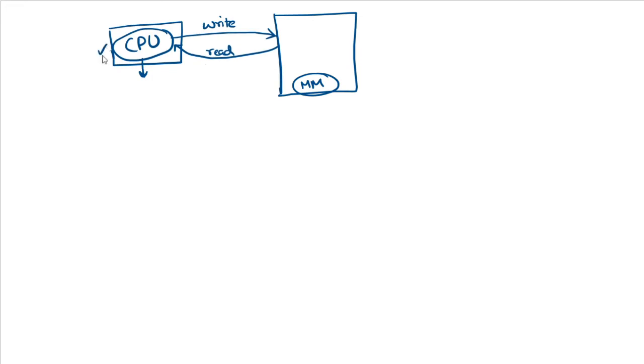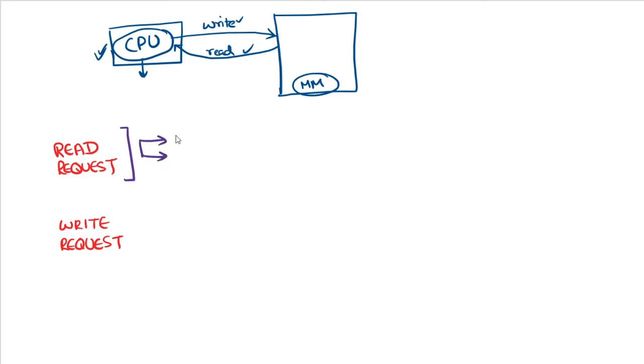So whenever CPU wants to write or read, it generates a request. For a read there is a read request, and for write there is a write request. So what exactly is a read request? A read request is nothing but CPU sending two things to main memory.